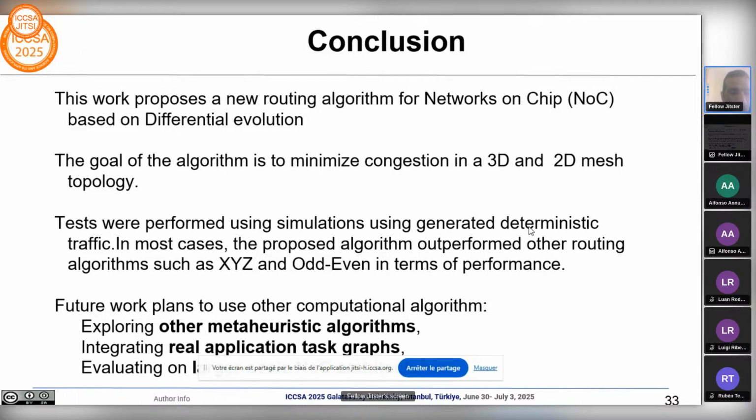For future work, we plan to use other computation algorithms, explore other meta-heuristics, integrate real application task graphs, and also evaluate on other parts. Thank you for your attention.